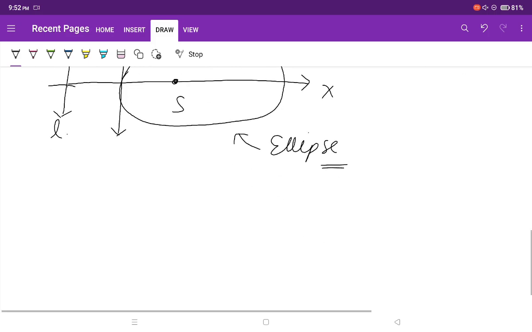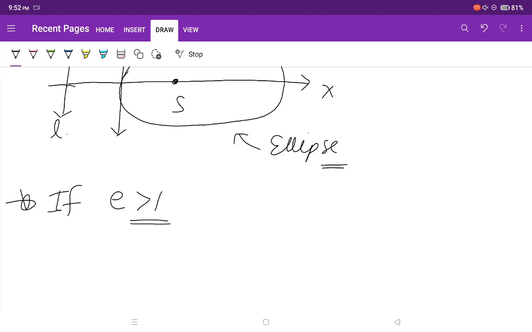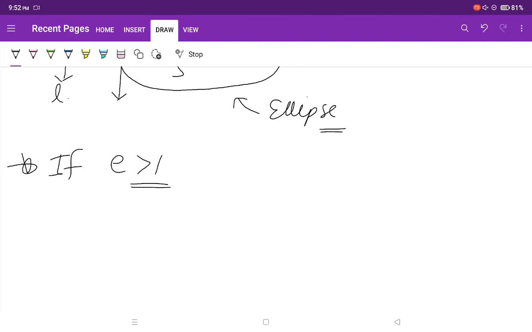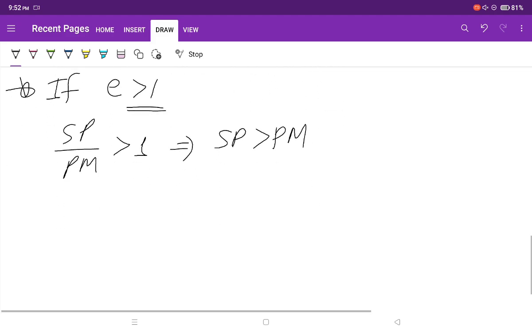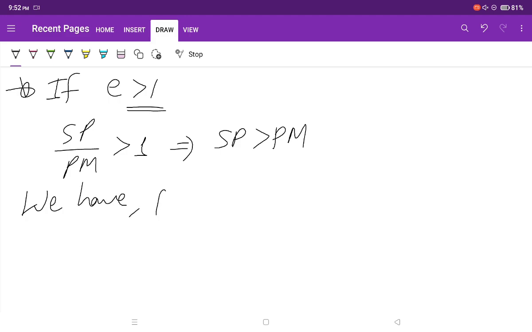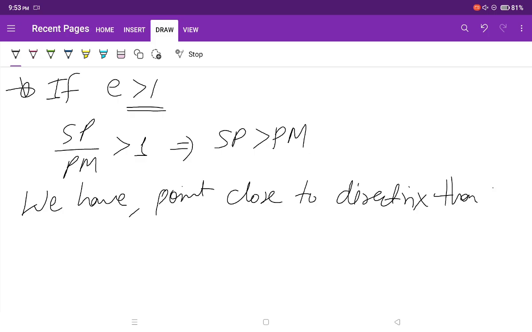Now if this E is greater than 1, the ratio of SP over PM is greater than 1, which implies SP is greater than PM. Then what do we have here? We have a point closer to directrix than to focus.